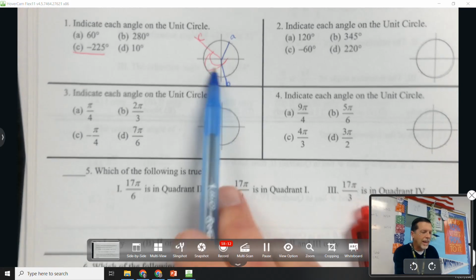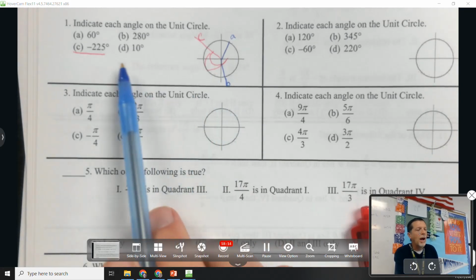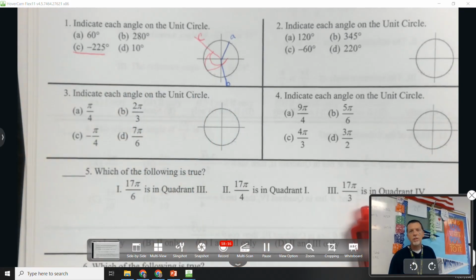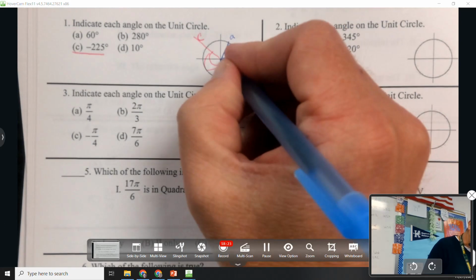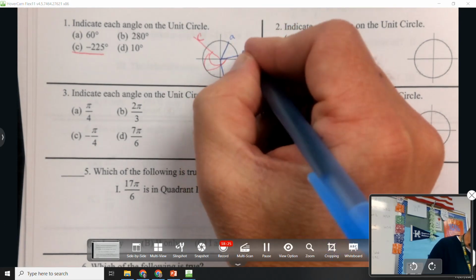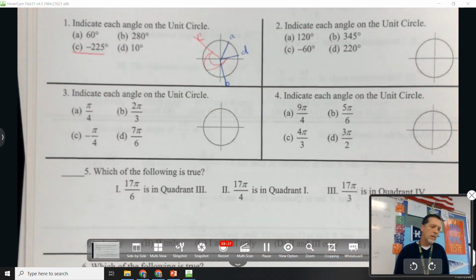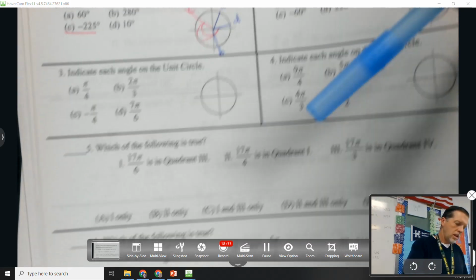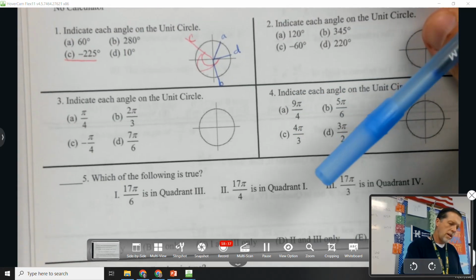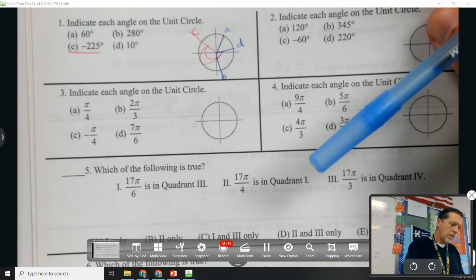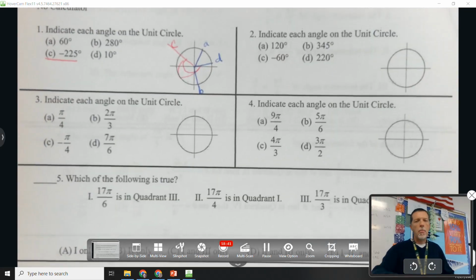Because I'm not landing at 225, I'm rotating backwards 225, more than halfway around. And then 10 degrees, that should be an easy one, just a narrow angle there in the 1st quadrant. Why don't you try 2 and 3?